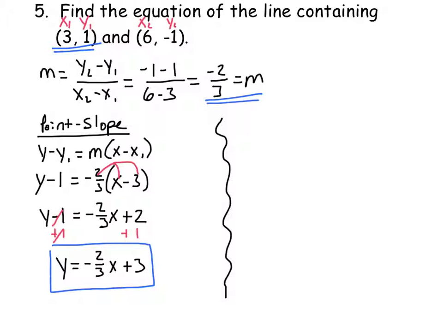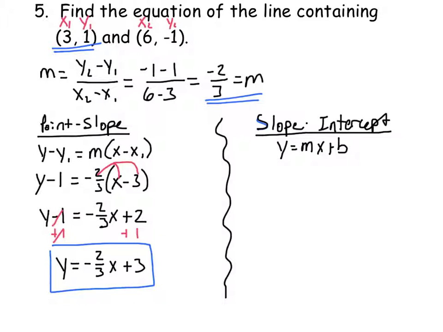The other way of solving this would be to use slope-intercept form. Slope-intercept form is y equals mx plus b. Again, the point we are given gives us an x and a y, and the slope gives us our m. The only thing we don't know in that equation is the b, so we have to solve for b.